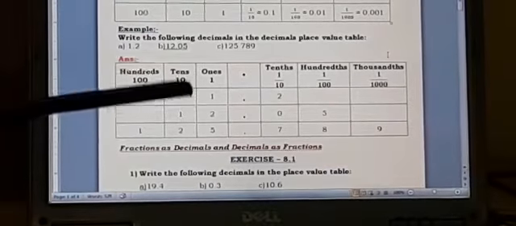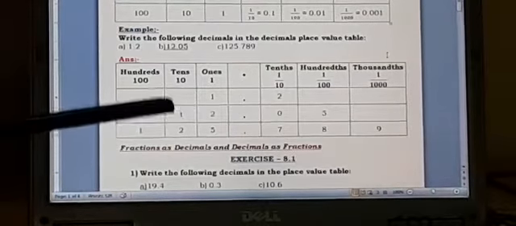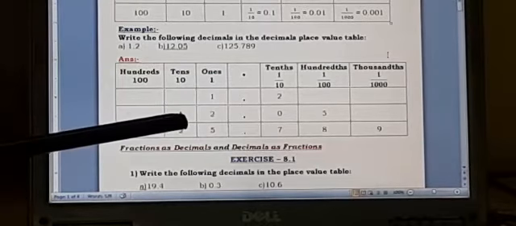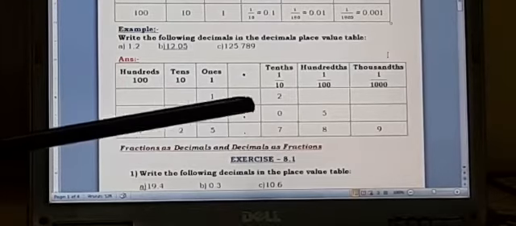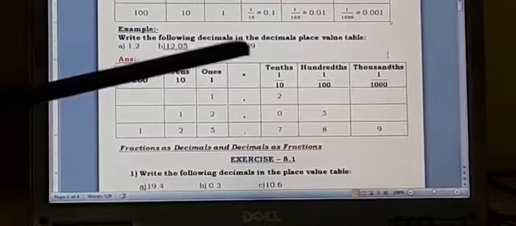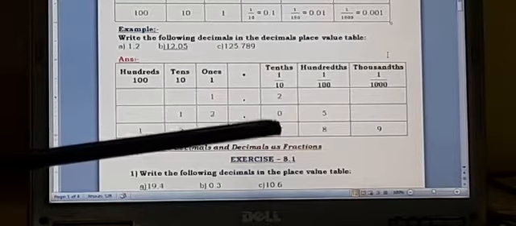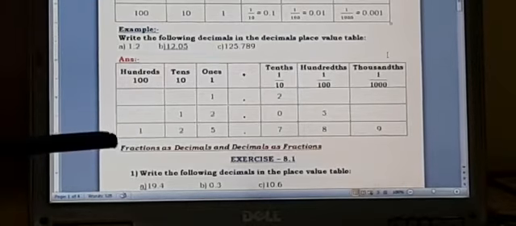Next question, 12.05. So in 12, 2 should be written in the ones place, 1 should be written in the tens place. Decimal point. After the decimal point, 0 and 5 are there. 0 should be written in the tenth place, 5 should be written in the hundredth place.